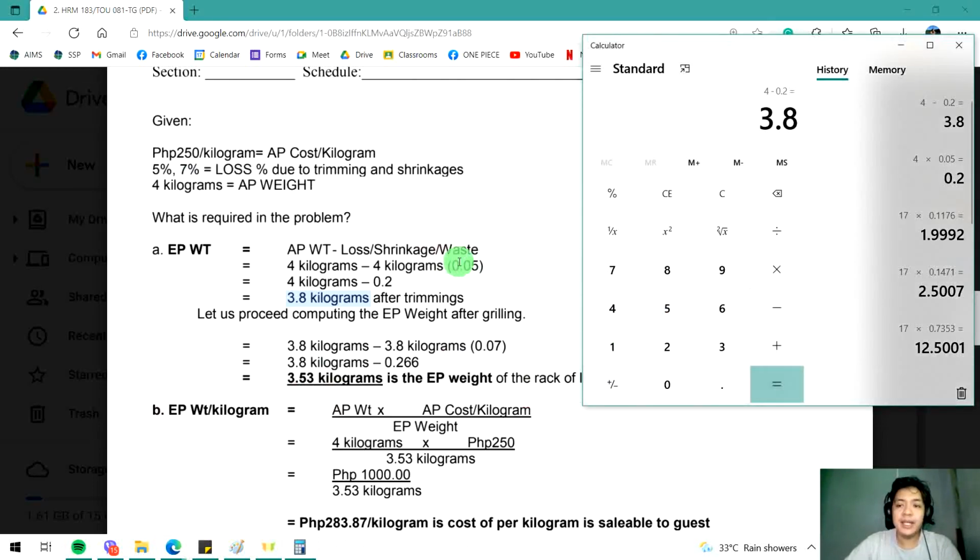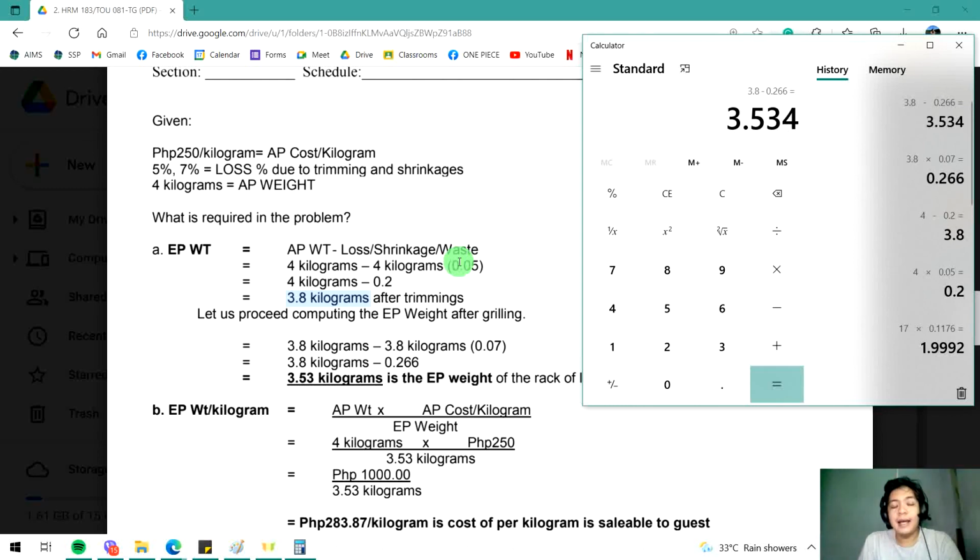So, that's 3.8 times 0.07. We have 0.266, and then we will subtract 0.266 from 3.8 kilograms. 3.8 minus 0.266. We have here 3.53 kilograms.